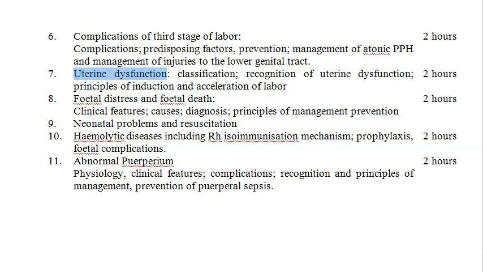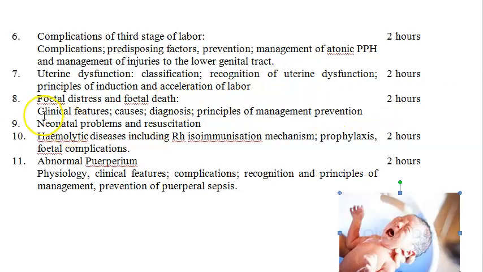Can come here. Okay, then fetal distress, fetal death. You should know the clinical features, causes, principles of management and prevention. Prevention mainly. Okay, then coming here, neonatal problems, resuscitation. Basically, they will teach even in pediatrics. So what is this RH isoimmunization?